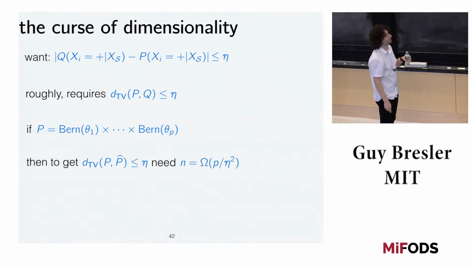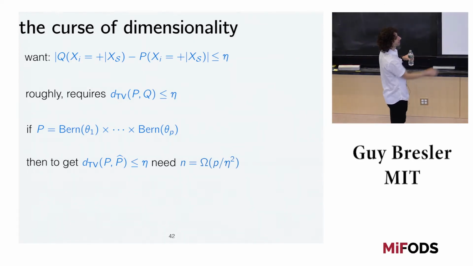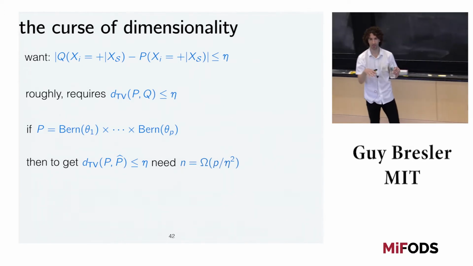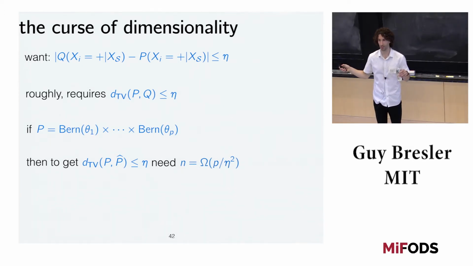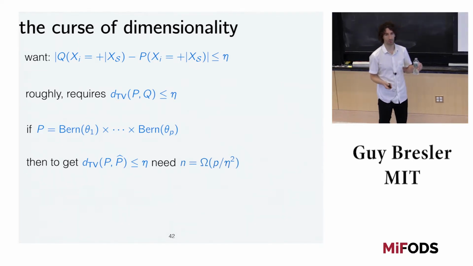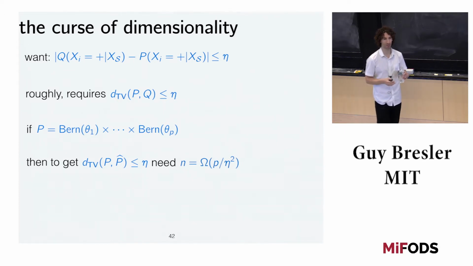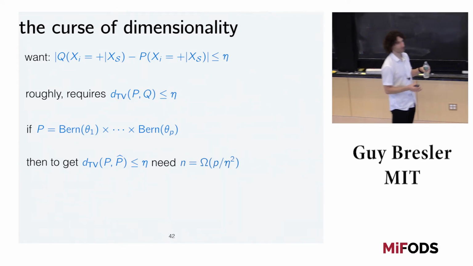All right, so there's 1 over eta squared, but really the troubling part is p. So if I want to estimate a distribution that's close in TV and there are p dimensions, then I need p samples. In many situations, you just don't have p samples. So this is the high dimensional setting that you've probably heard ad nauseam: n is much smaller than p.